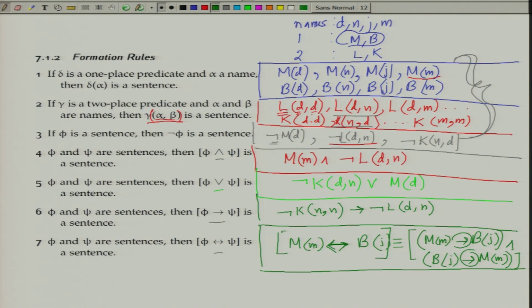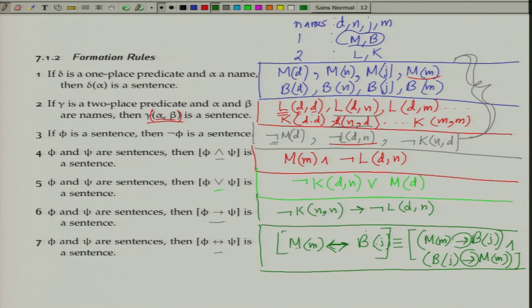So, it means that this implies this and this implies this, if and only if. So, this is true if this is true, and this is true if this is true. So, it means that they are equivalent. If one is true, the other one has to be true. If one is false, the other one has to be false. This is the meaning of this thing.